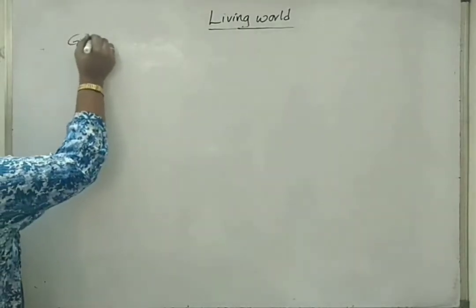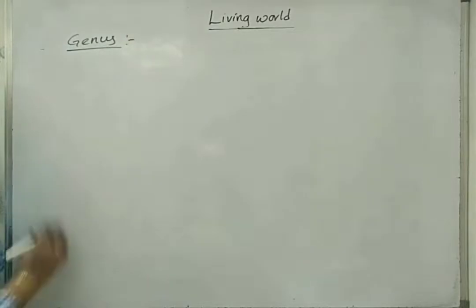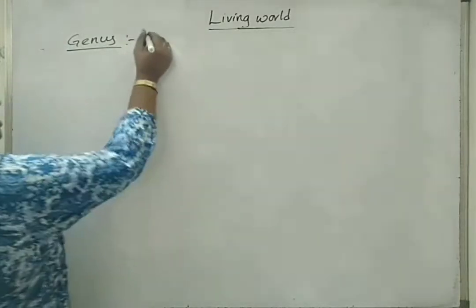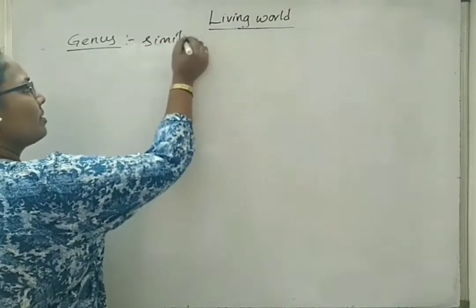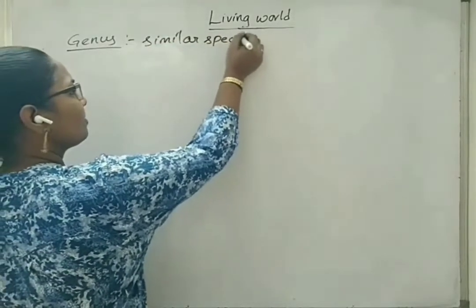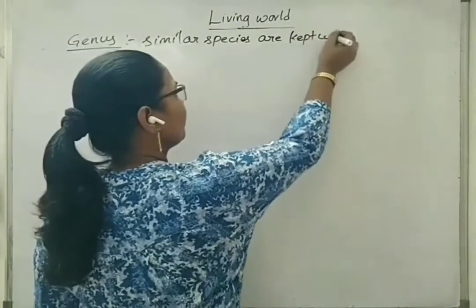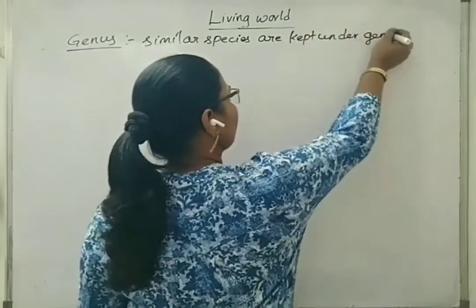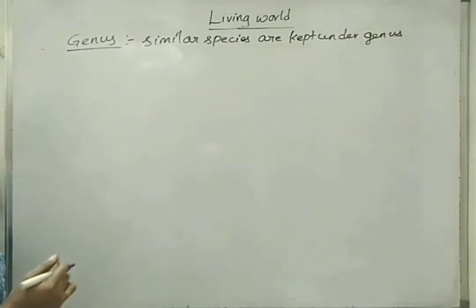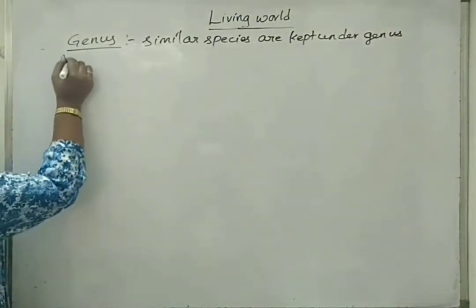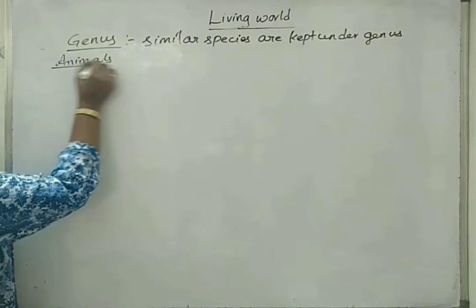Next is genus or generic name. Similar species are kept under genus. For suppose, in case of animals, we will take some examples.